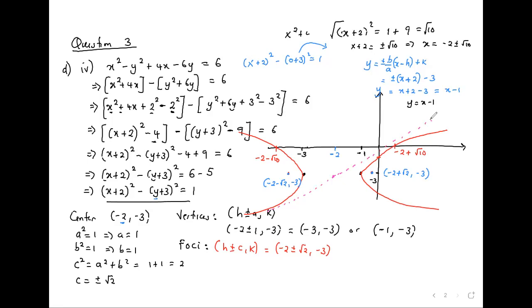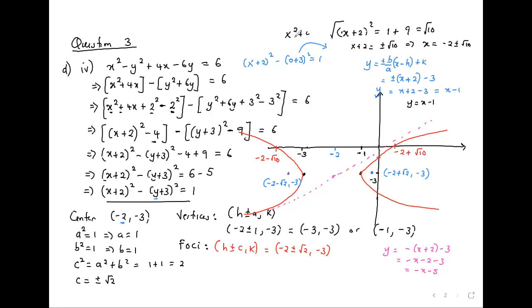When we get the negative, we're going to have y is equal to negative (x plus 2) minus 3. This is negative x minus 2 minus 3, which is negative x minus 5. So when x is 0 on the y-axis, this guy is going to cut down here.